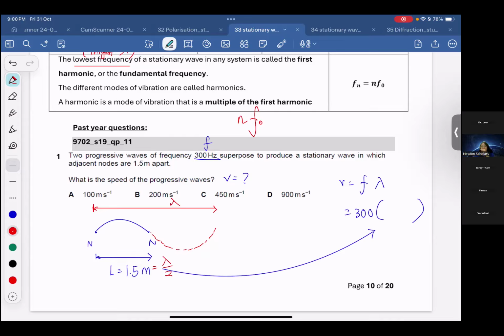Right? So your wavelength should be equal to 3.0 meters, so you should get 900 m s^-1. So boys and girls, is it okay? Can we proceed to the next? Give me a reaction so I know whether we can proceed or not.